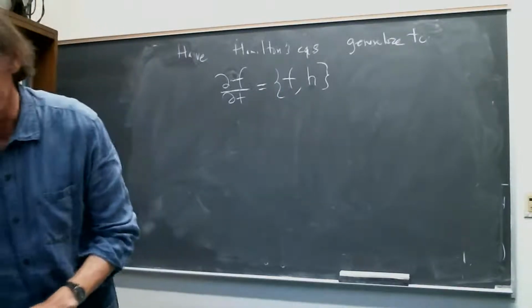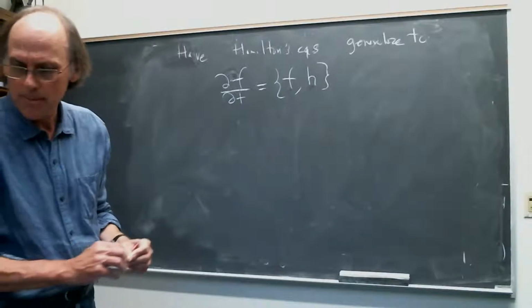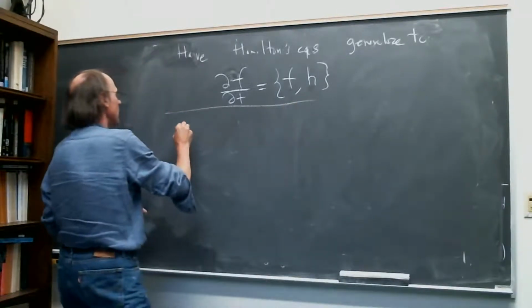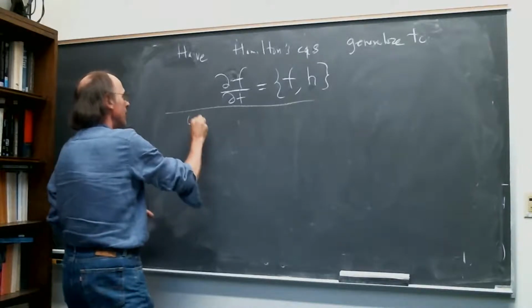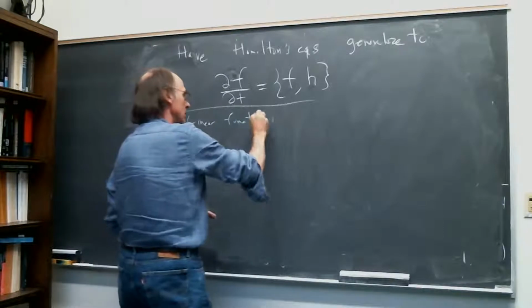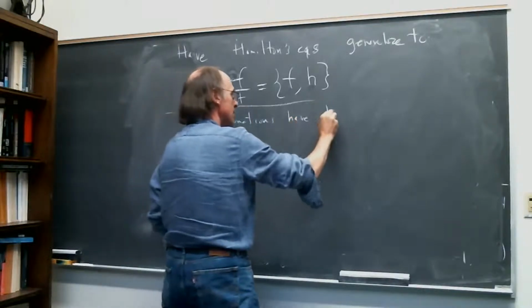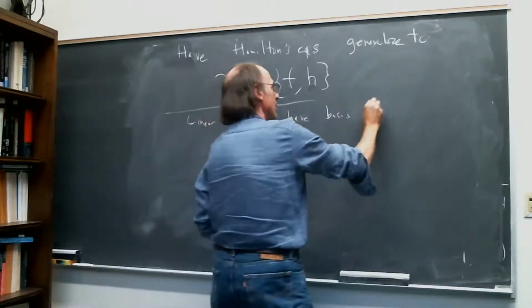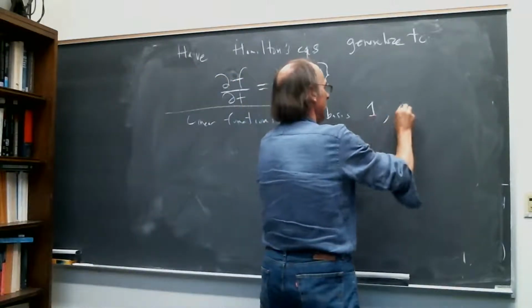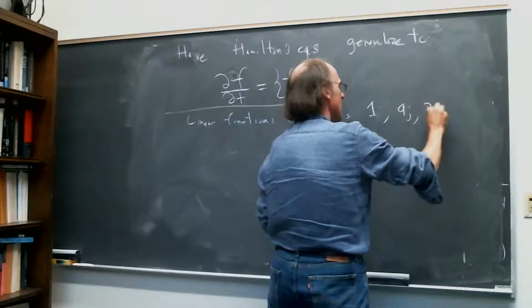So the linear functions have as a basis the constant function 1, the QJs and the PJs.